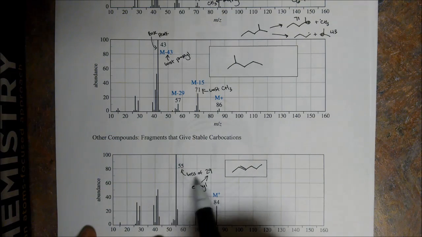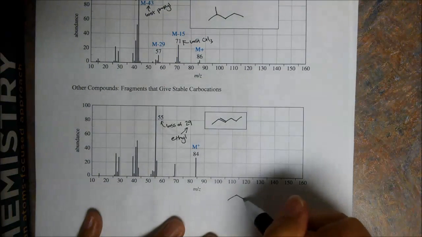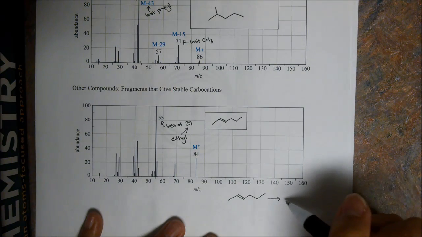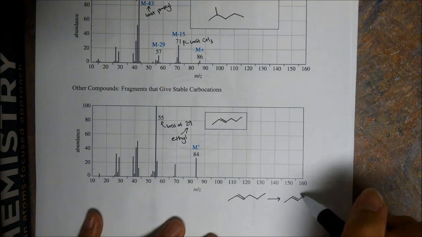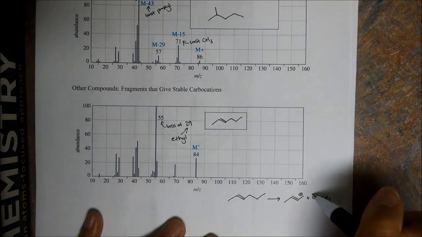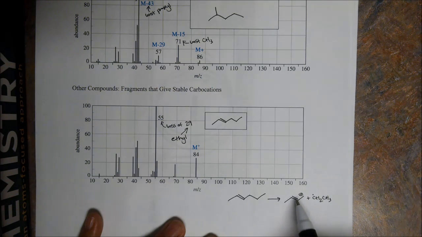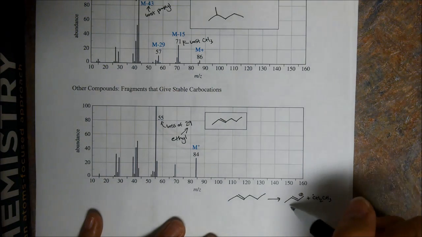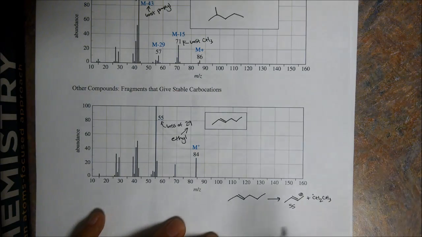And so the base peak, the loss of an ethyl, makes sense if we think about the carbocation that we can form. If this fragments in this way, we just lop off that ethyl, and we get this nice allylic carbocation. What is this stabilized by, everybody? Resonance. So this is a stable carbocation, so it makes sense that we would lose that ethyl as the most common ion. This has a mass of 55. So it makes sense that this is our most common ion because it's very stable.